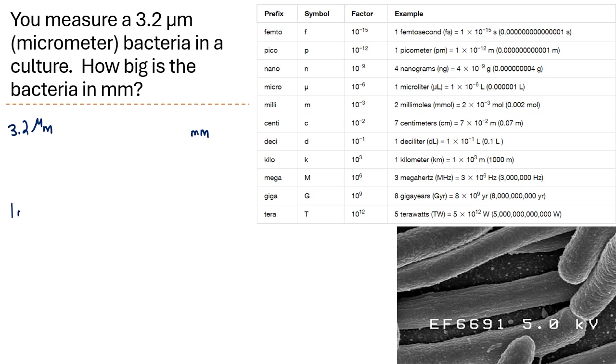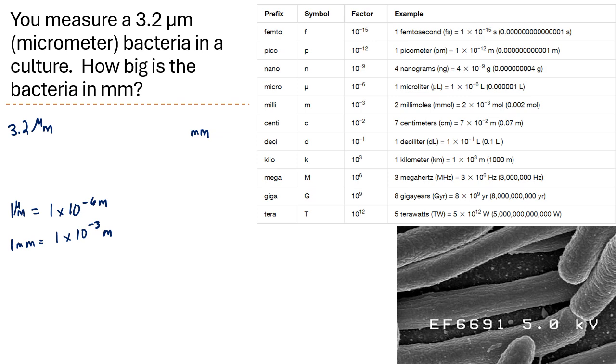1 micrometer equals 1 times 10 to the negative 6 meters. 1 millimeter from my table equals 1 times 10 to the negative 3 meters. So I can use these relationships in a unit conversion style problem using dimensional analysis to convert from micrometers to millimeters.